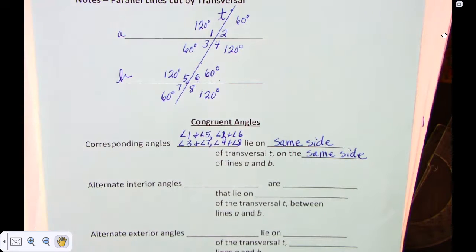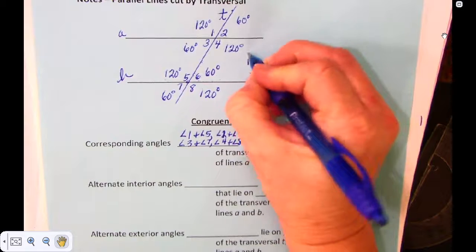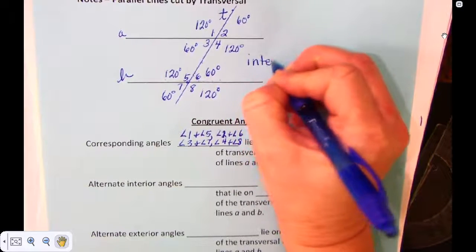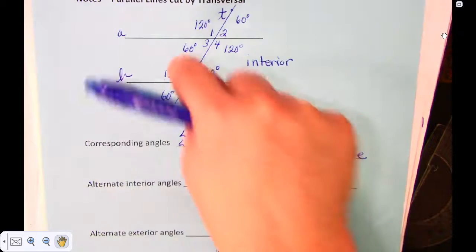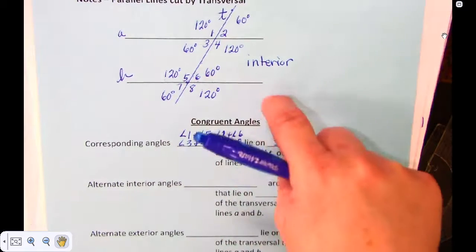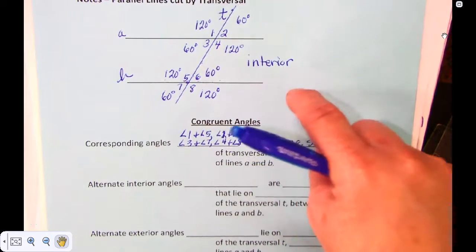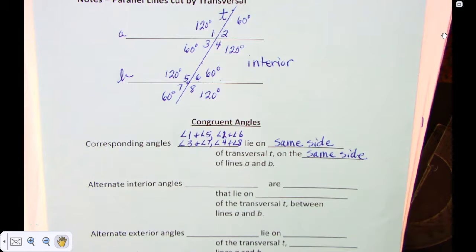And interior means inside. So what they're talking about are inside the two parallel lines. 3, 4, 5, and 6 are interior angles. Write interior. Some people haven't written it.